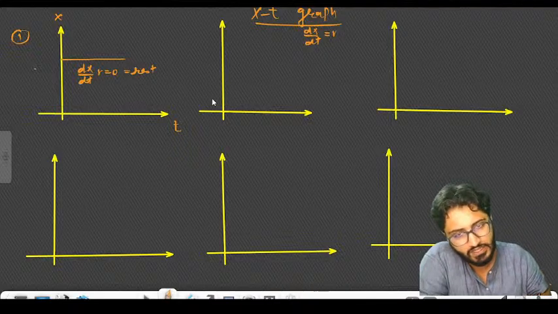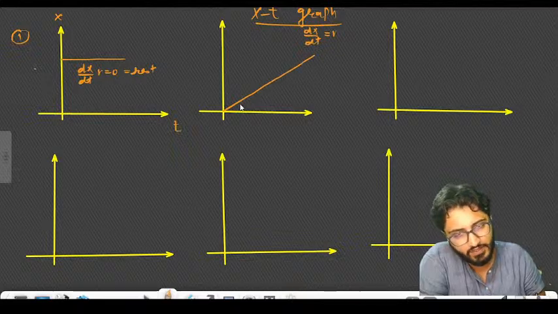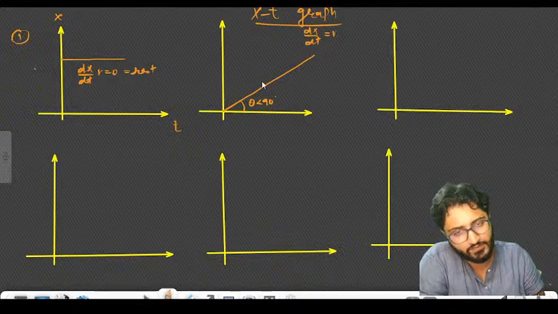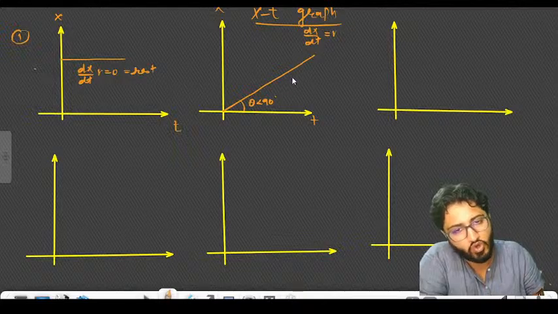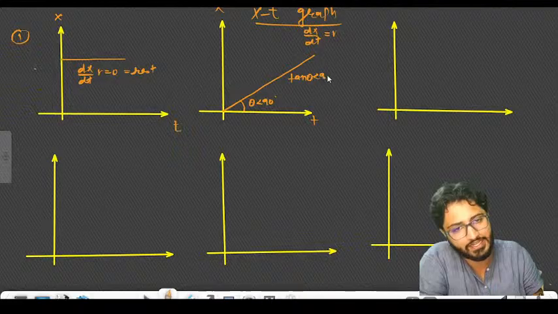Now if it is like this, look here, theta. Theta is less than 90 degree. So what is slope? Slope is tan theta. Tan theta is less than 90 degree, that means my slope is positive.